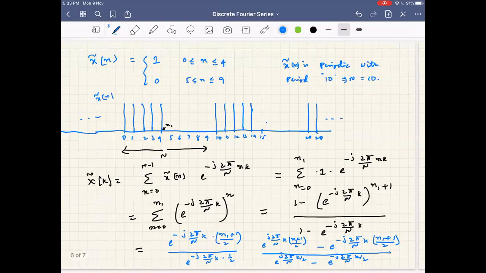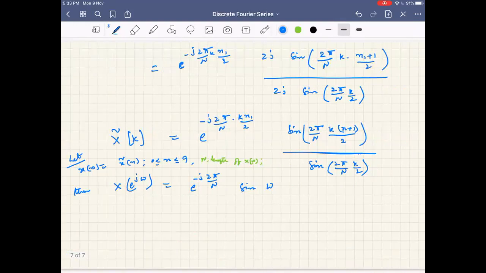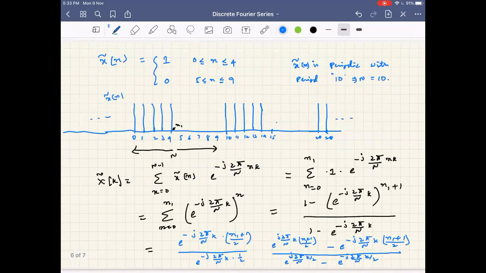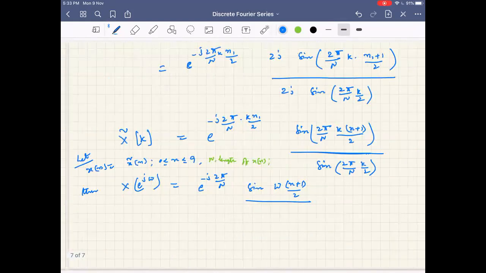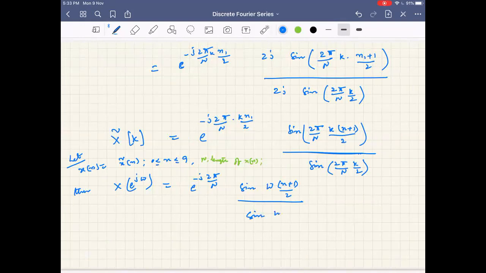So here we have omega into N plus 1, by 2, in the numerator, while the denominator is sine of omega by 2, because this whole thing is captured in omega by 2. This is again sinc.